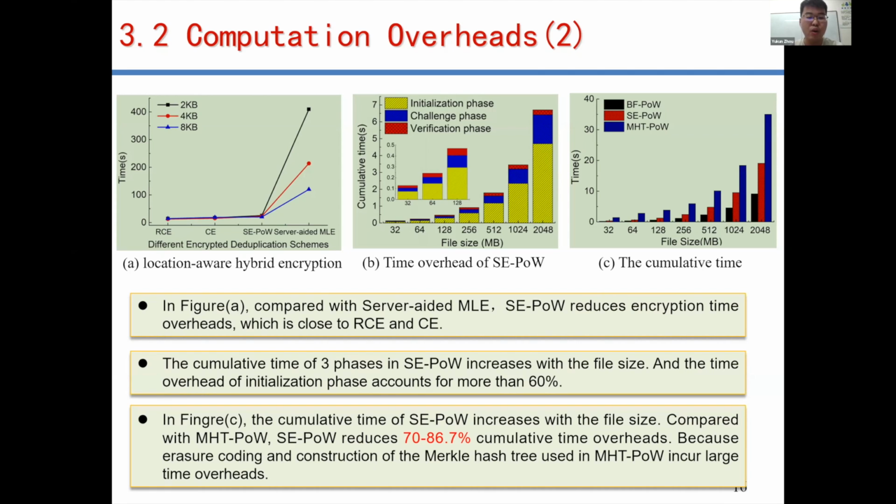In figure C, the cumulative time increases with the file size. Compared with the MTPOW, SEPOW reduces more than 70% of the cumulative time overhead, because the encoding and the construction of the Merkle hash tree in the MTPOW incur large time overhead.